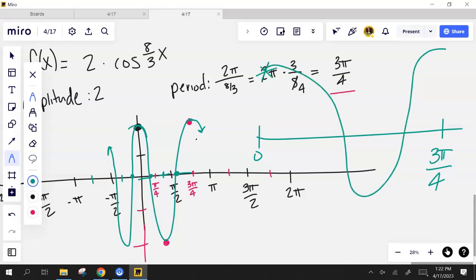So I went over from this point up top, which I knew where to start. I knew my starting point. I needed to get over to 3 pi/4. Well, to find out where the bottom point is there, right, then I need to go halfway between those two. So that's why I started kind of dividing it up.